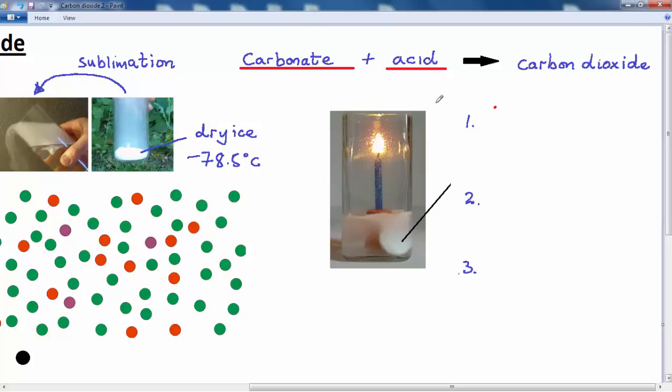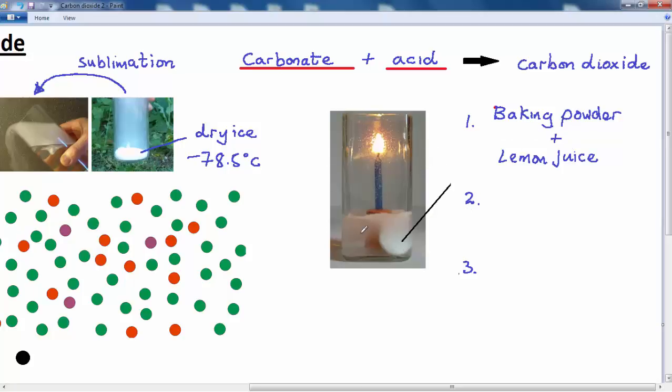As a result, carbon dioxide will be released from the chemical reaction that takes place between the two. One example of a carbonate is baking powder.